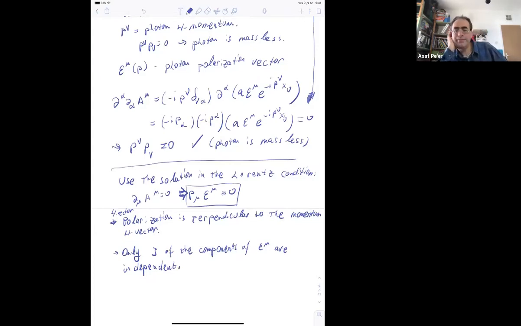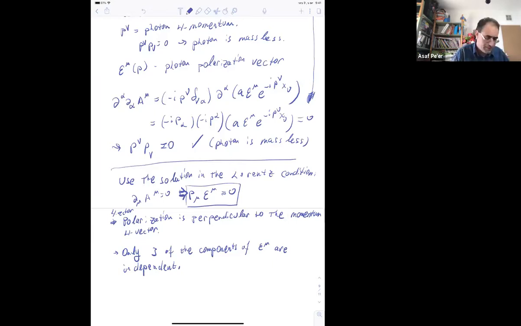But apparently, that's not the end of it. Because, I kind of mentioned that, even after we impose the Lorentz condition, we still have a freedom to make one more gauge transformation, because there is more than a single lambda that fulfills the Lorentz condition.